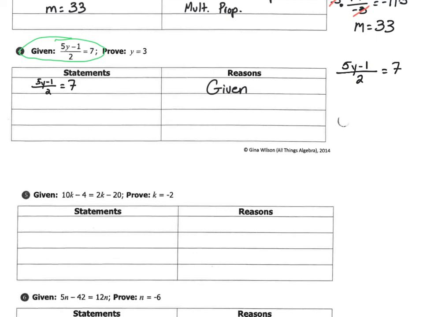Okay, we need to get rid of the denominator. So first step would be what? Multiply by 2. Right? Okay. So you're going to have this. Good. So that's your next step, and that's going to be because of multiplication.